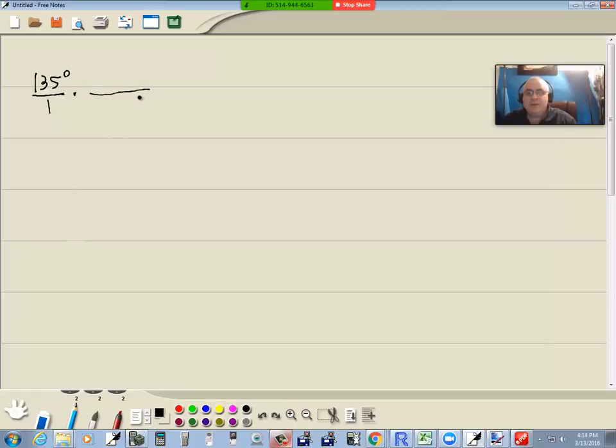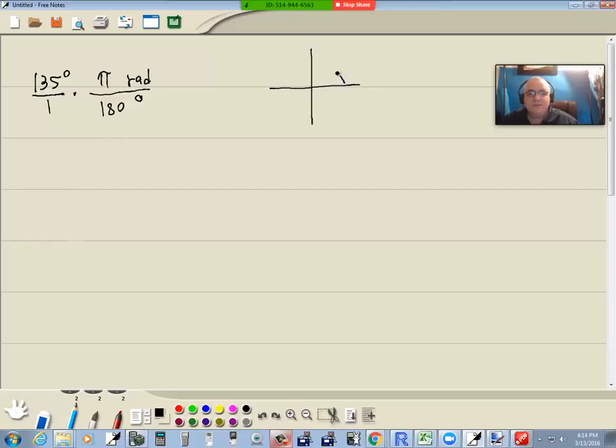Now we have degree up here, so we put degree down here. Now I'm going to put radian here just to really emphasize it. We're looking for some kind of connection between degree and radian. Well, we know 180 degrees is equal to pi radians.